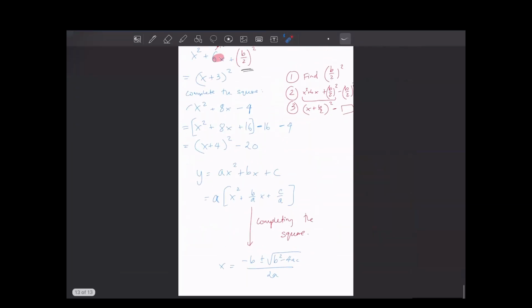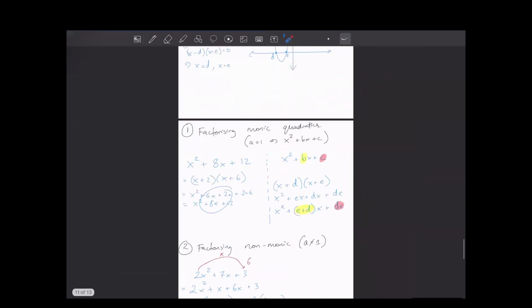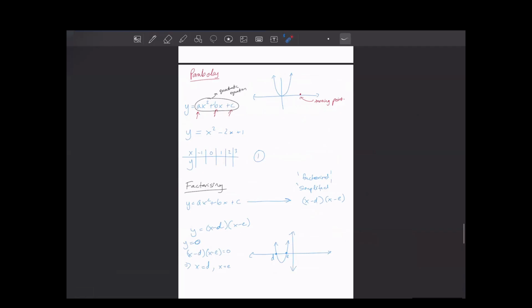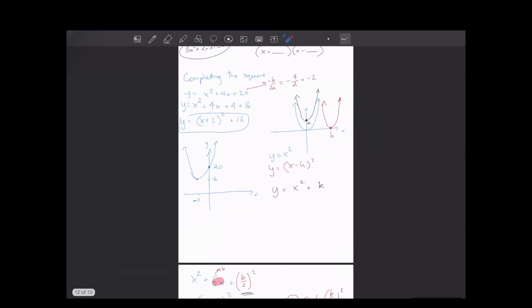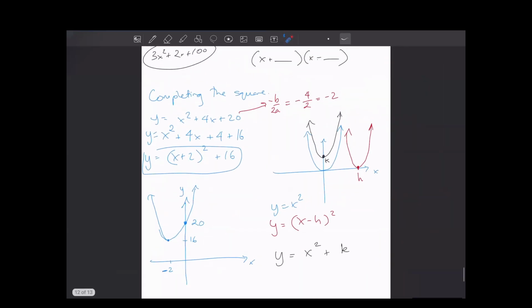Any last questions before we end? Perfect. With the minus b over 2a formula, can't you just use that to find x and then use that to find the y coordinate? You're saying when we're graphing, if our objective is graphing, your question is, can I not just use this, find the x value, and then also find the y value, and then I have my turning point?